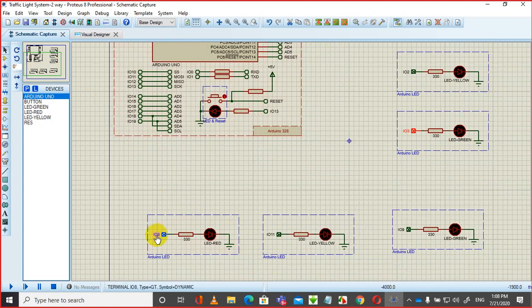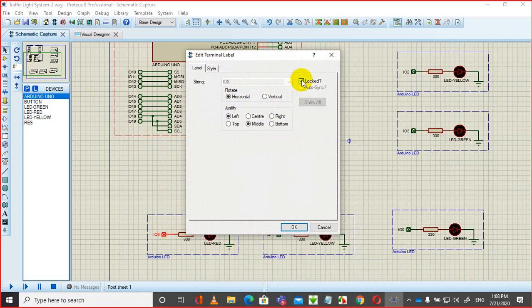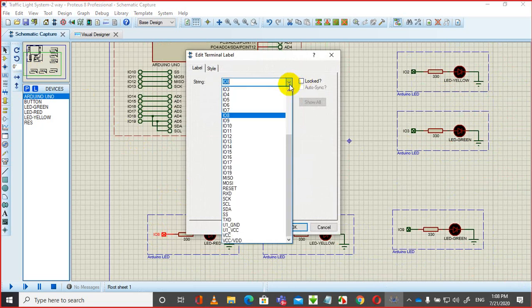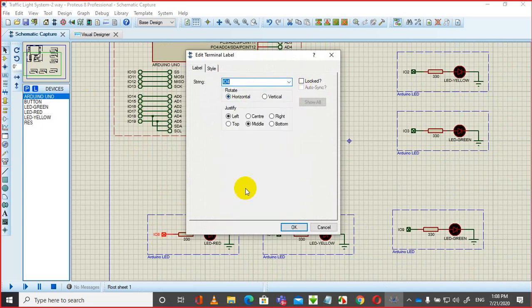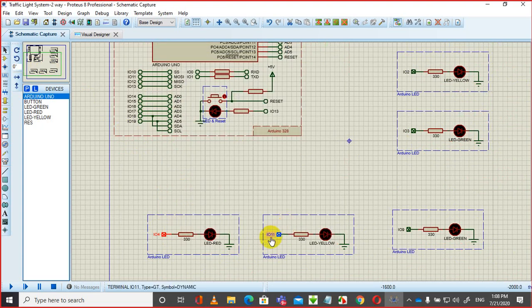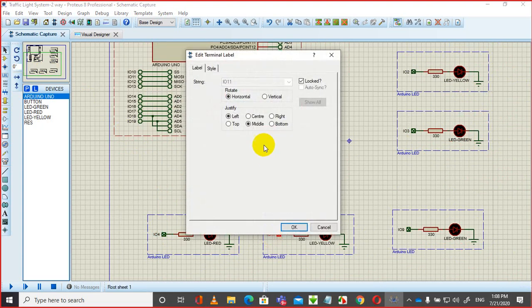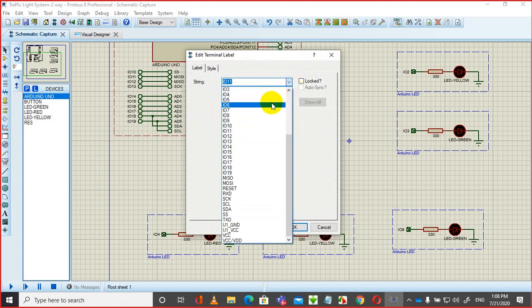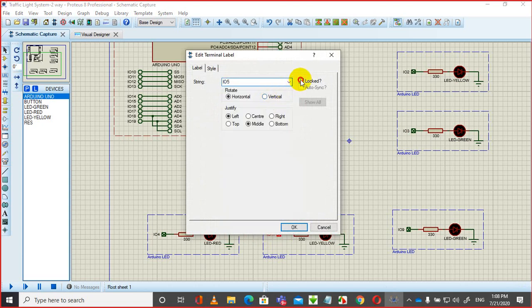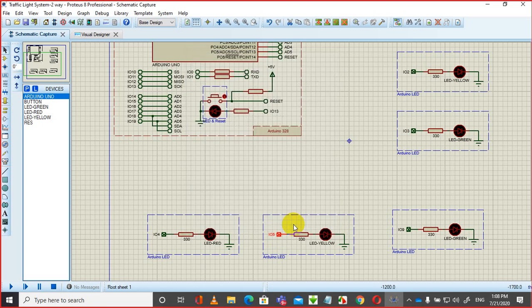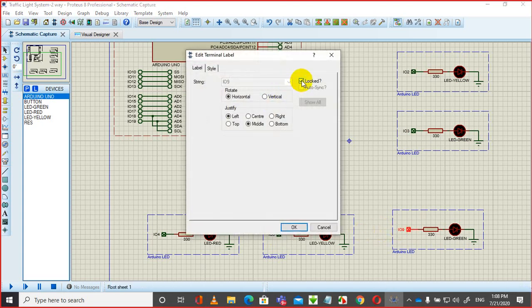Okay, red. Let's connect to 4 according to the Tinkercad simulation. Pin number 4. Pin number 5. Then pin number 6 for the green.